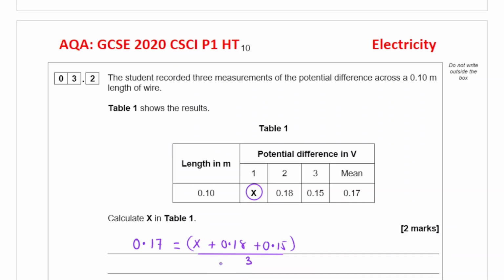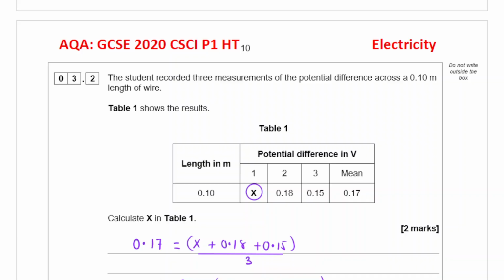So rearranging the equation, 0.17 times 3 is equal to X plus 0.18 plus 0.15.